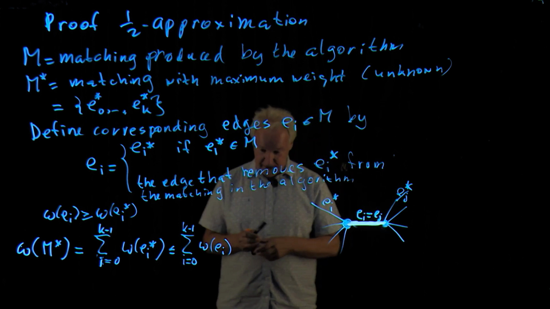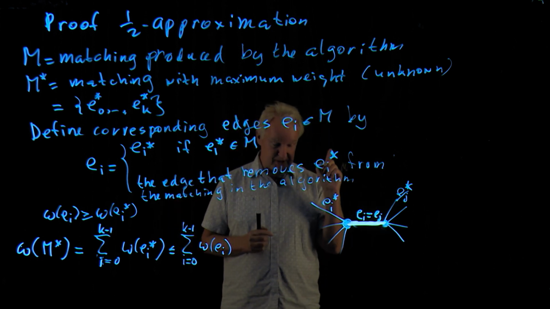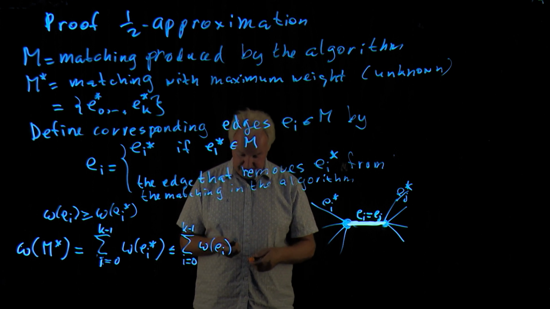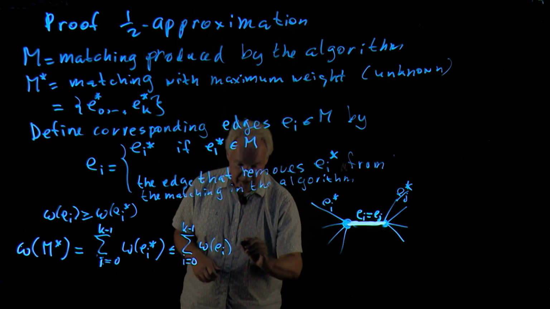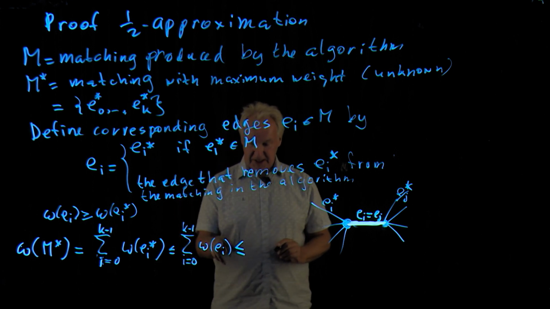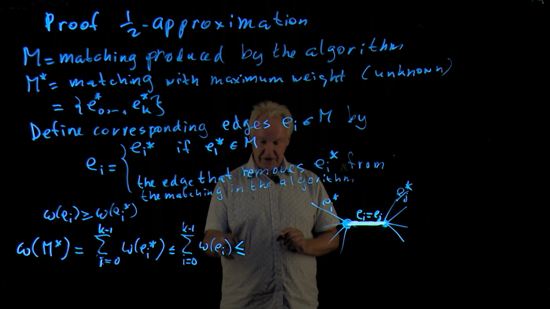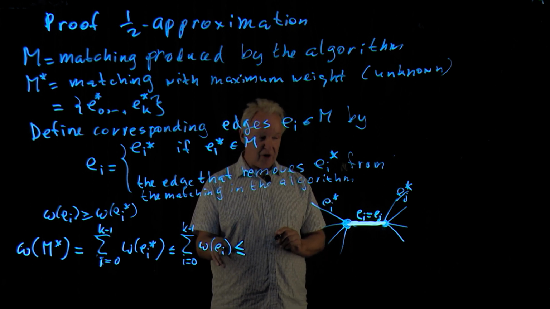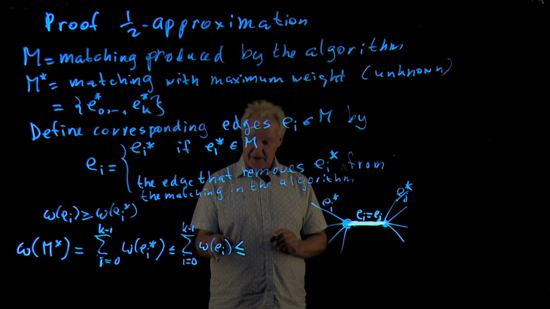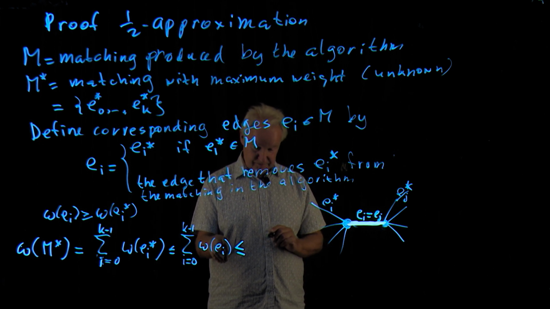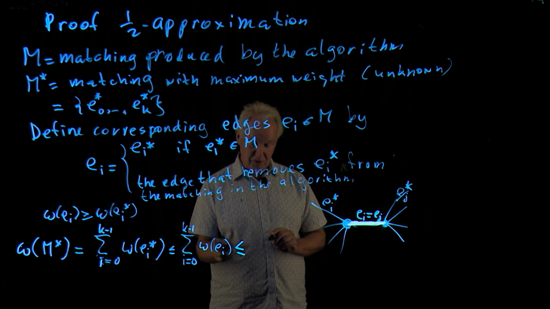Now, we can continue with this realization. Here we have a subset of all the edges that are in the matching. And it can even be that this subset has duplicates, but not more than one duplicate for each edge.